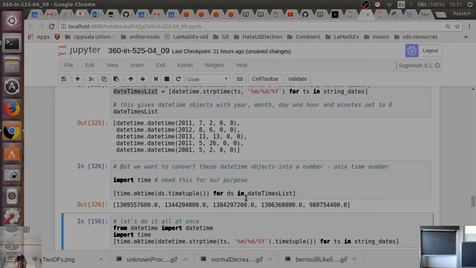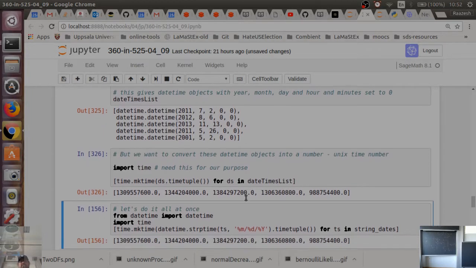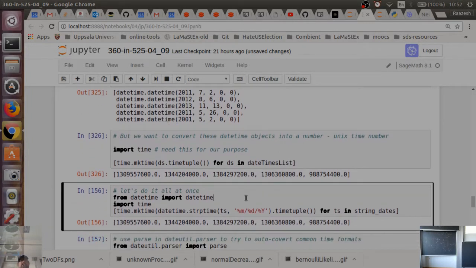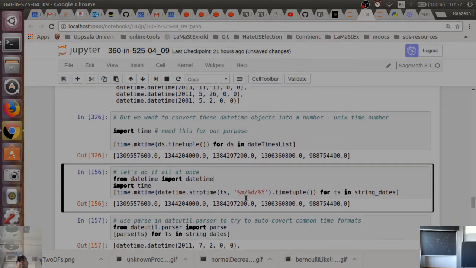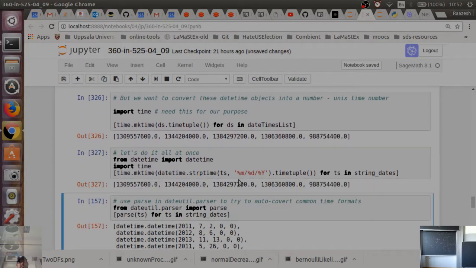So now this just gives me these floats. This is the number of seconds elapsed, which is very useful because now we have everything in one format, like all the events after 1970, at least in this format. So now it's just doing it all at once, so we don't have all the bits and bobs floating around.